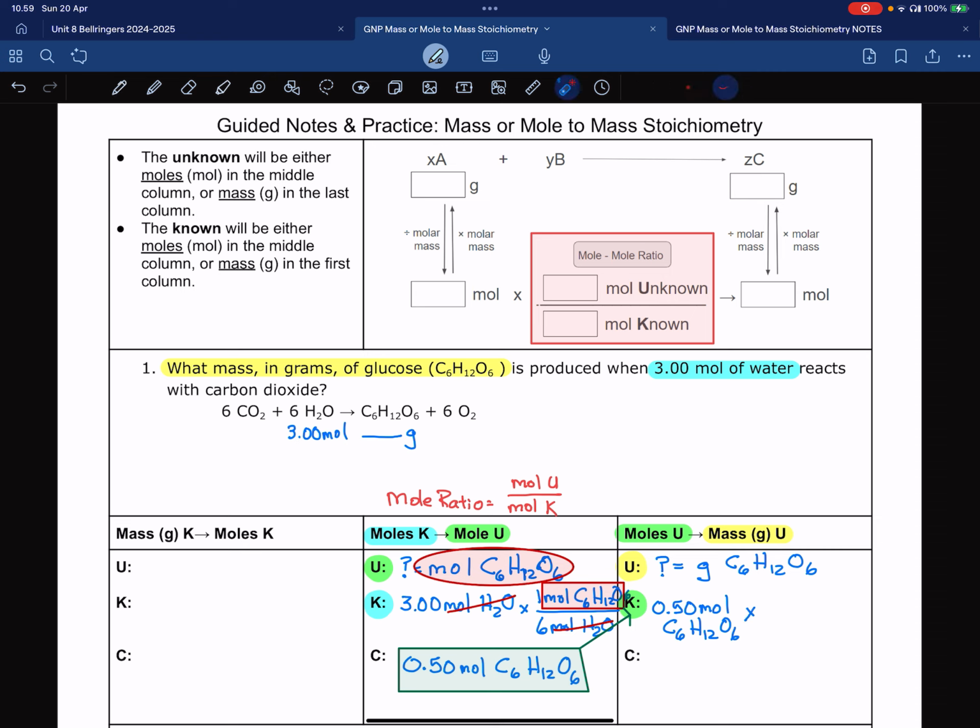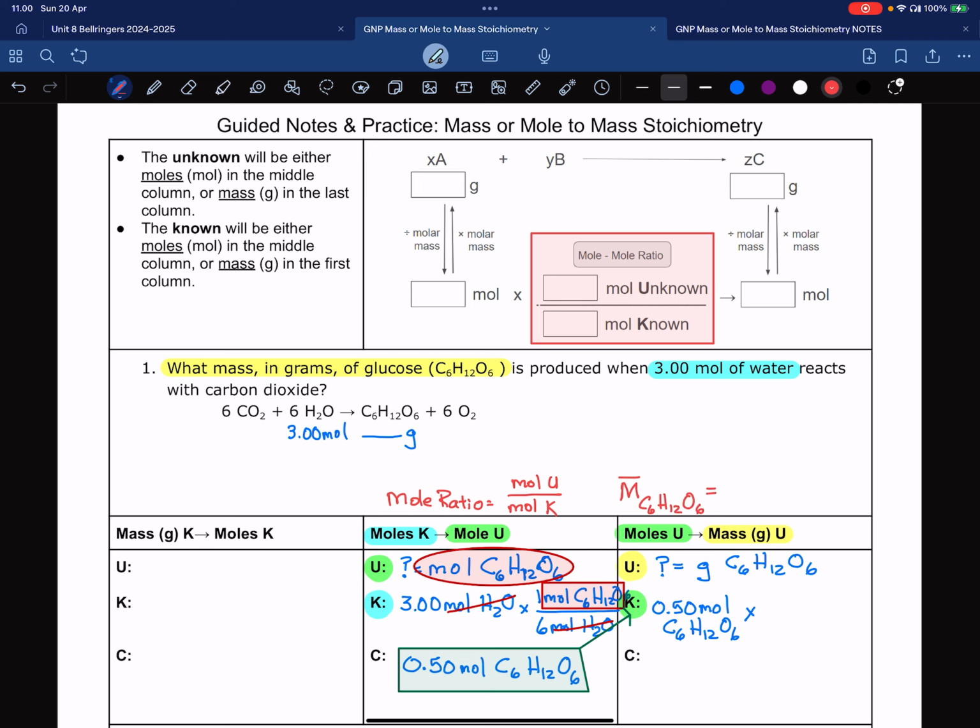Now, at this point, I have moles of the unknown. I'm trying to go from this box, which is moles, to grams. When we're going in that direction, what does it tell us to do? It tells us to multiply by the molar mass. So we are going to use the molar mass for C6H12O6.